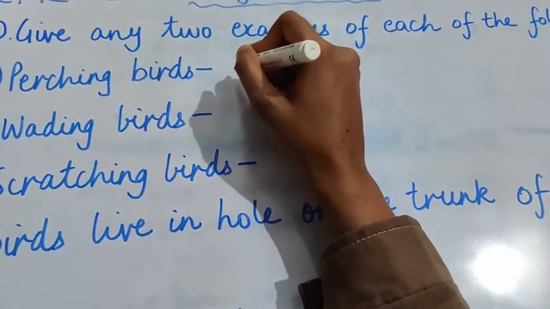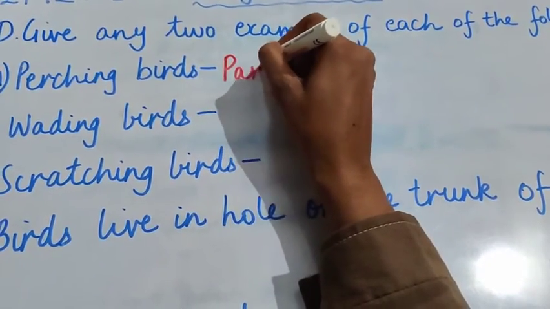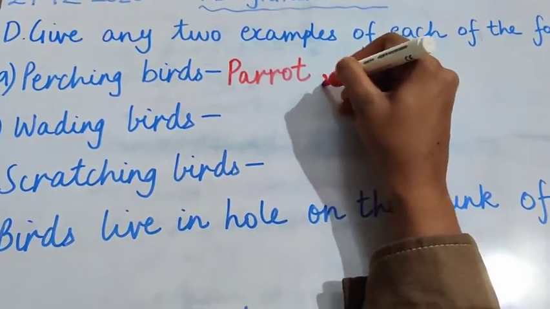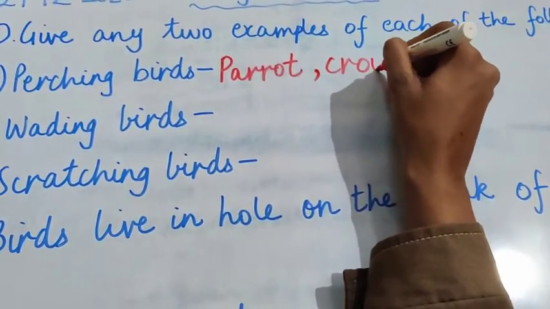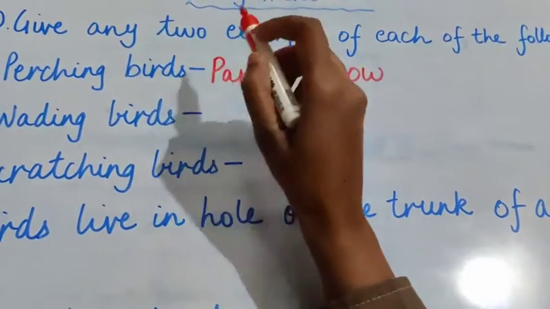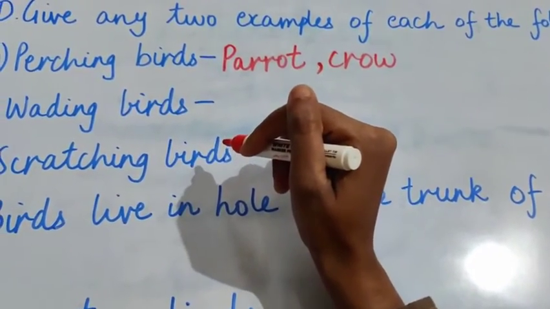So they are parrot, crow, cuckoo, sparrow. There are many birds, but we have to write only two, so we are writing parrot and crow.